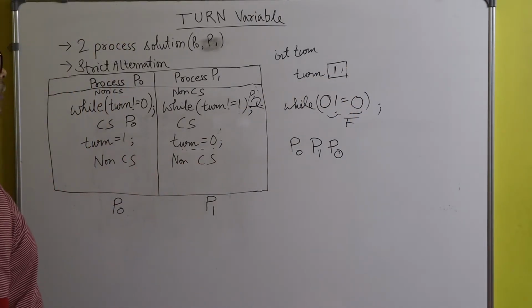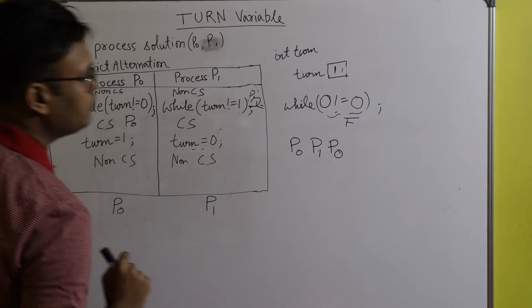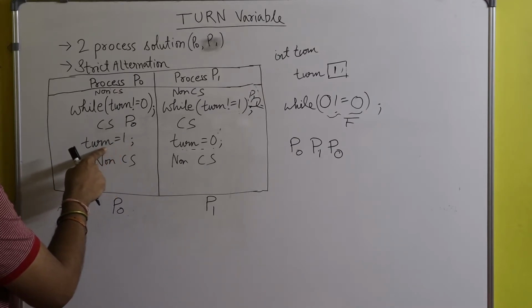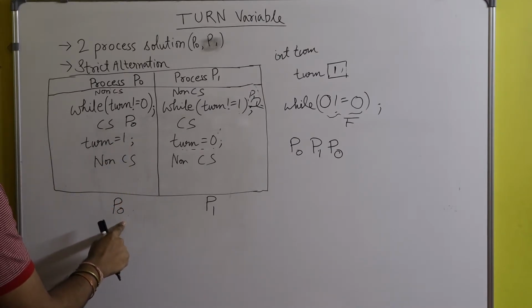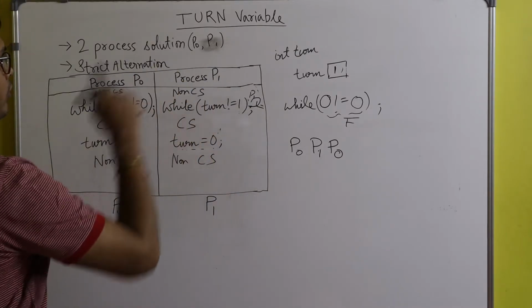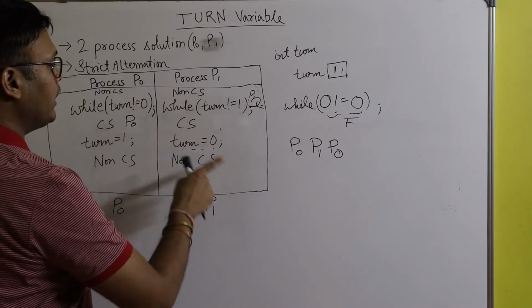Now P0 came out from the critical section after making the value of turn equal to 1. So now again P1 will try. This time you see whether P1 could enter inside the critical section or not.